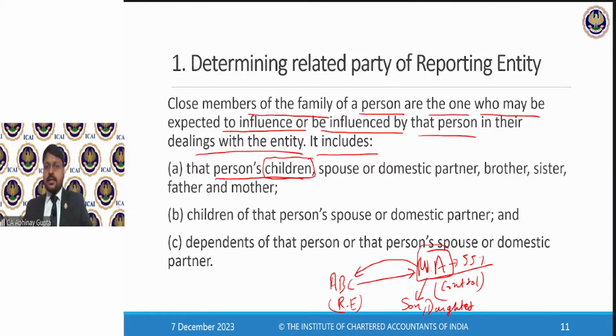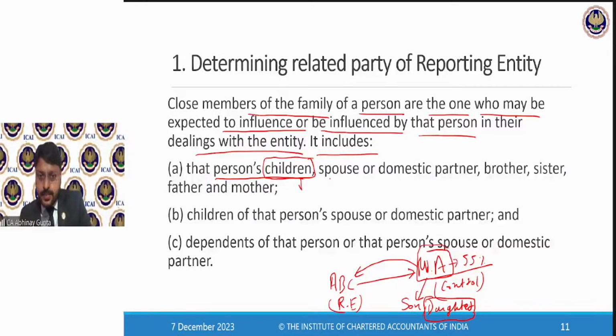It does not say that son or daughter only, so both will be covered. It does not say that married or unmarried. So, daughters after marriage will also be covered, right? So, the standard uses the word children. Children means son and daughter both.